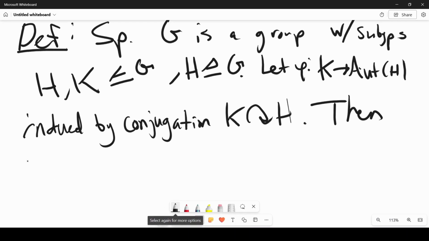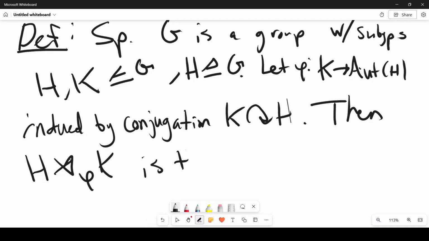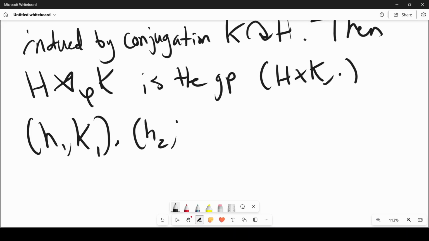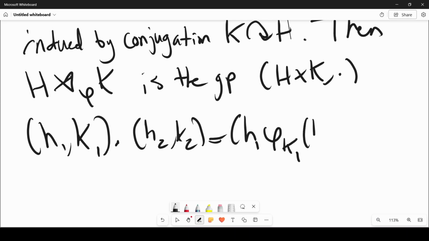So it opens up to H. So the semi-direct product is the group H cross K, with my multiplication, where (H1, K1) dotted with (H2, K2) equals, as you should suspect, (H1 phi of K1 of H2, K1 K2).